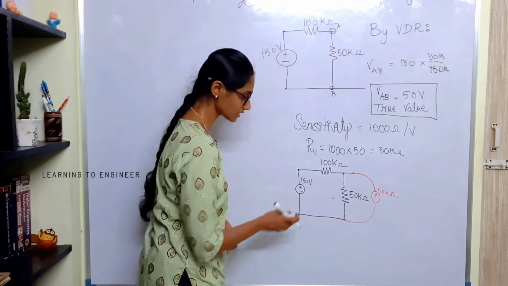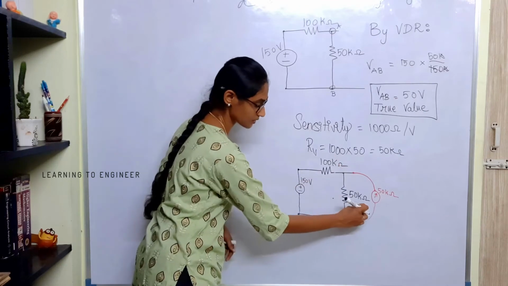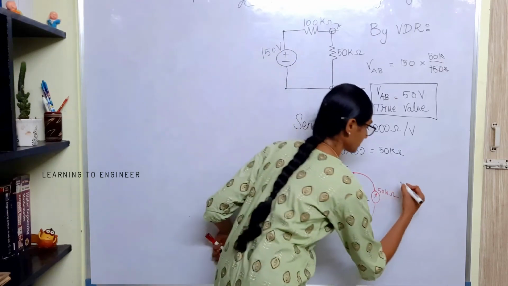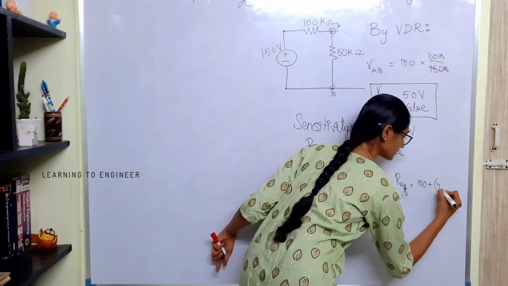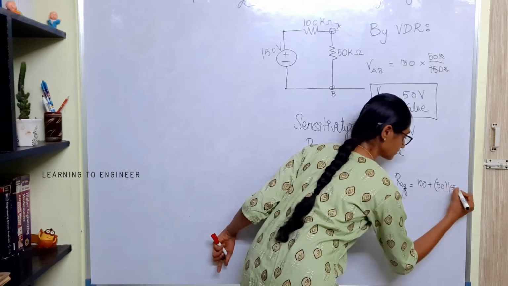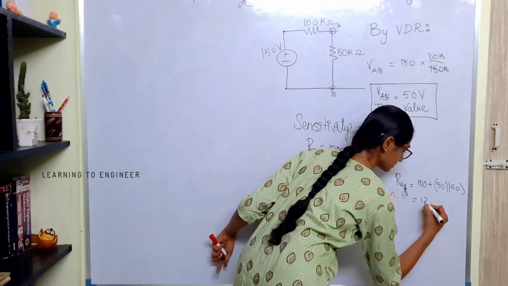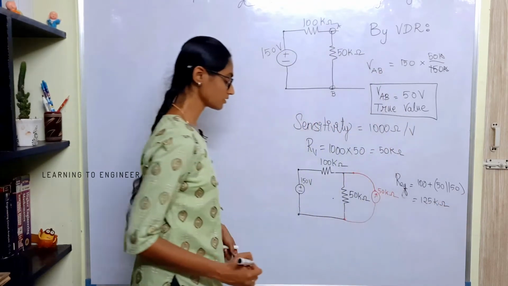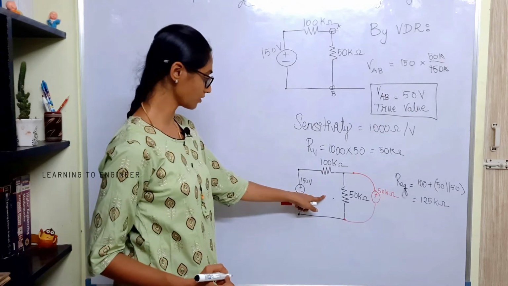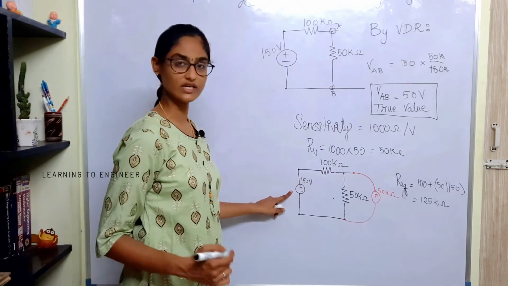So the effective resistance will be 100 plus 25, 125. The effective resistance will be 100 plus 50 parallel with 50, so the effective resistance is 125 kilo ohm. Across this 125 kilo ohm, 150 volt is going to get shared.